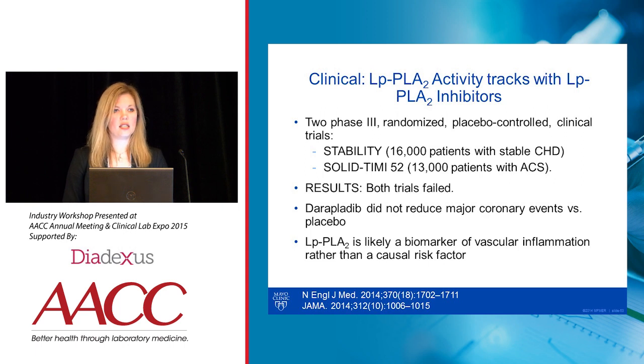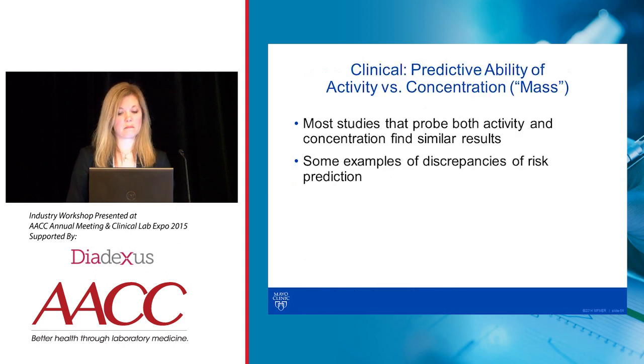So the idea is that LP-PLA2, while I think there is more study to be done in this area, is likely more of a biomarker of vascular inflammation rather than a causal risk factor. But of course, I think there's more investigation that has to be done in this arena.